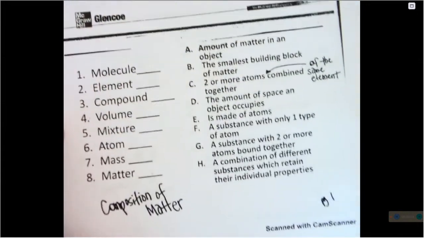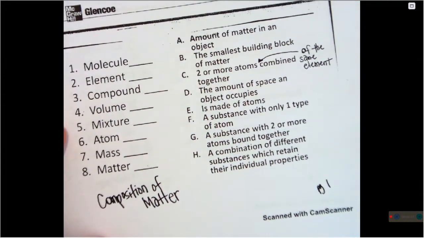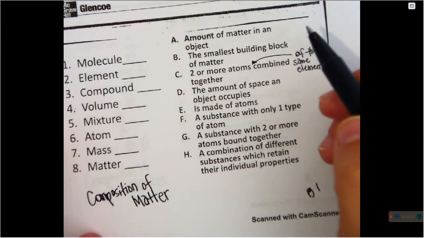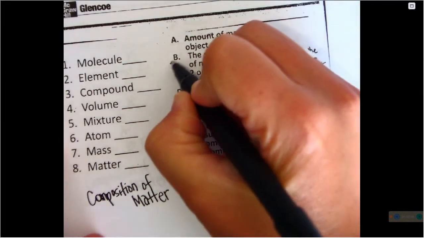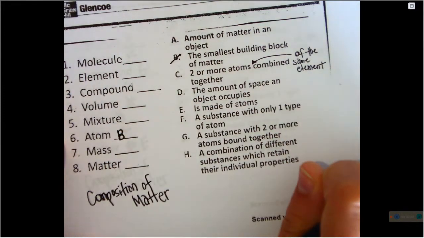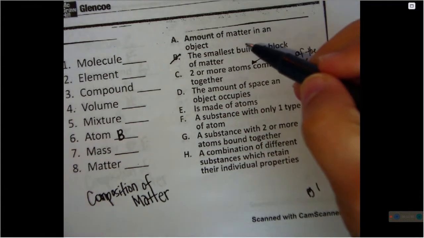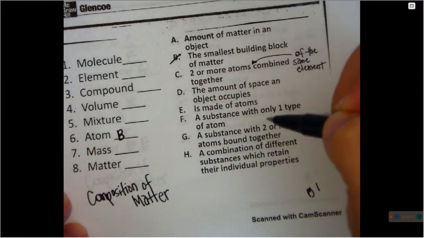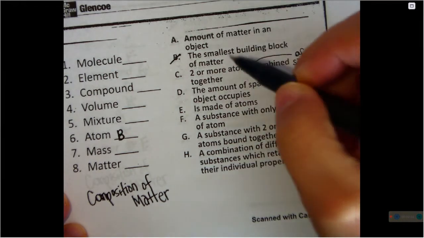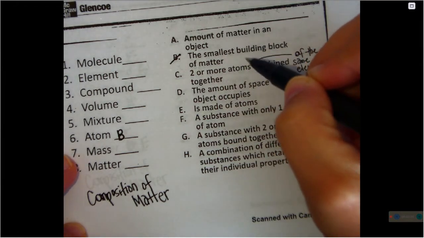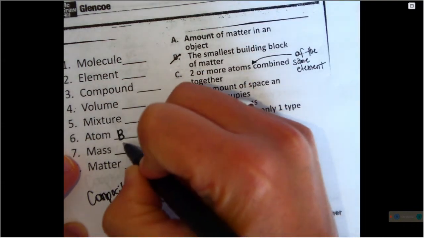So if we come down here to the bottom, it asks us, what is an atom? We just said an atom is the smallest building block of matter. All right? So, if the atom is the smallest unit of matter, we know that how much matter we have is our mass.